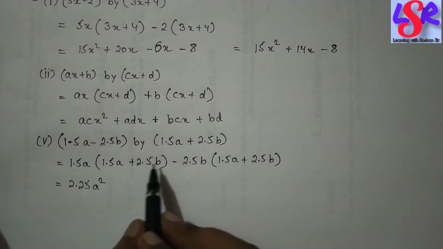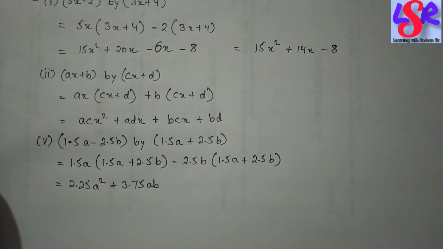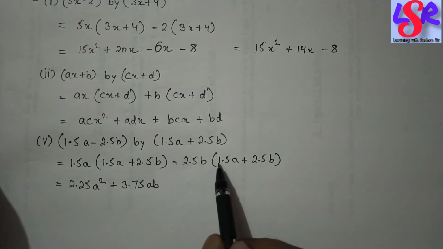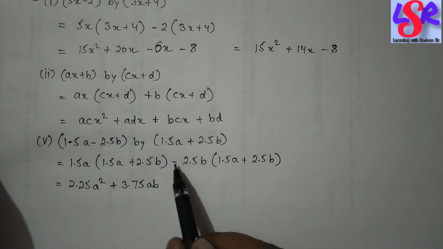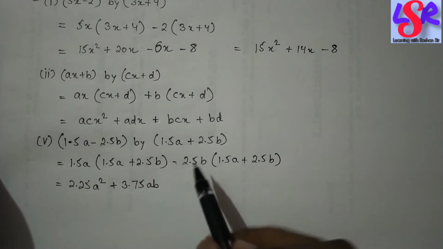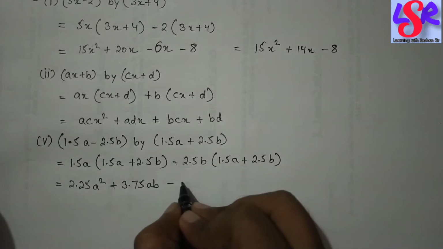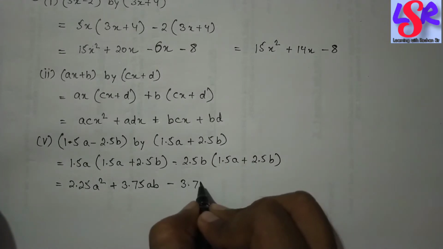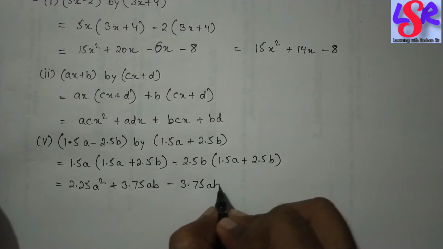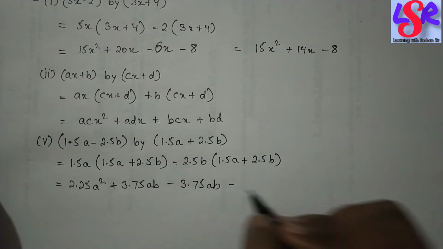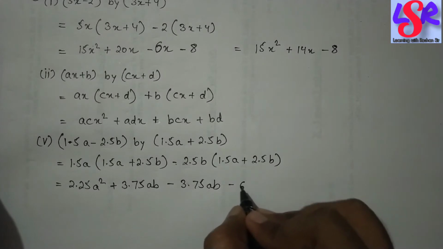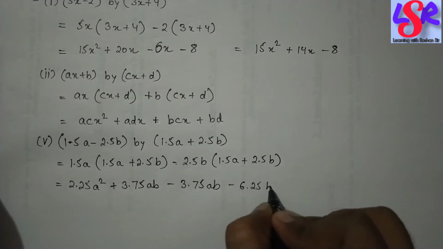Then here on multiplying these two we get 3.75 ab. Now here 2 minus and plus, so we are going to multiply these two, and as they are minus and plus, they will give you an answer in negative, that is 3.75 ab, and then minus and plus again, so you will be getting answer in minus, and this will be 6.25 b square.